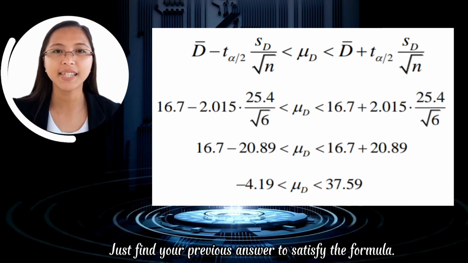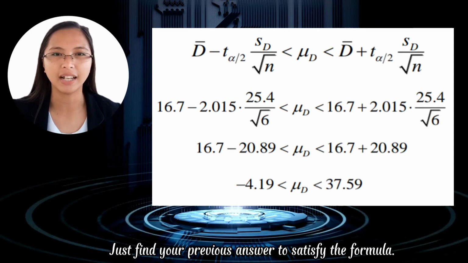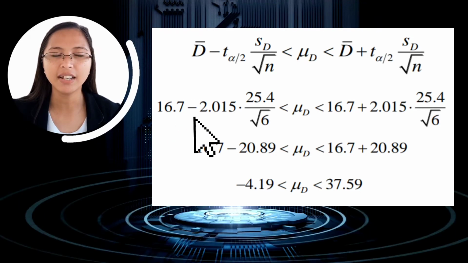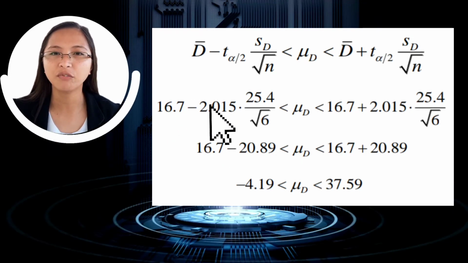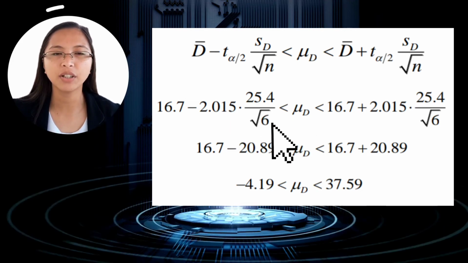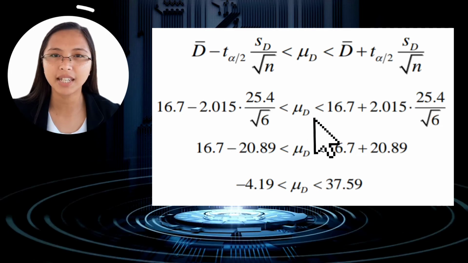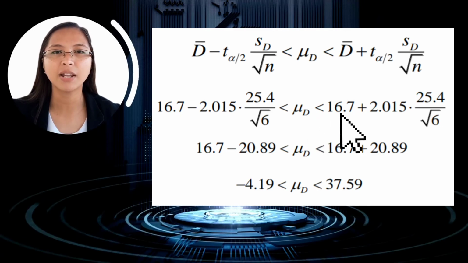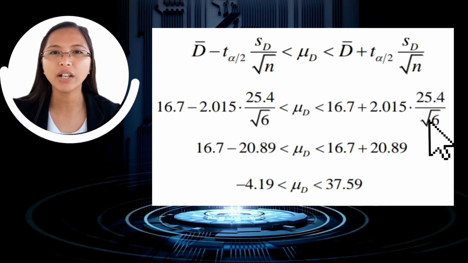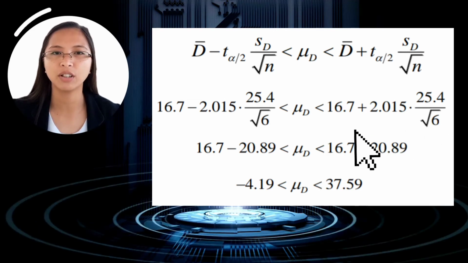Just find your previous answer to satisfy the formula. From our previous answer, we will have 16.7 minus 2.015 multiplied by 24.5 divided by square root of 6 less than mu sub d less than 16.7 plus 2.015 multiplied by 24.5 divided by square root of 6.